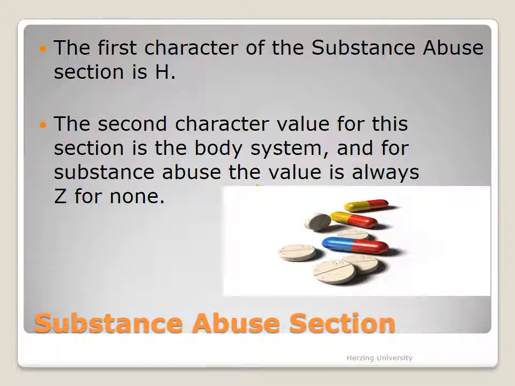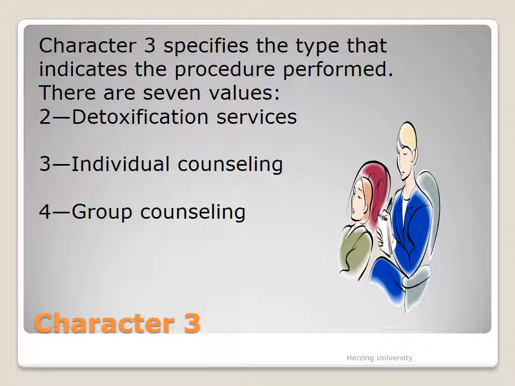The section identifier for substance abuse treatment is H. This means that the H is located in the first character position. The second character value is for the body system. Because this value does not apply in this section, the value of none is indicated by the letter Z. Like the third character position in the mental health section, the root type in the substance abuse treatment section identifies the service performed.